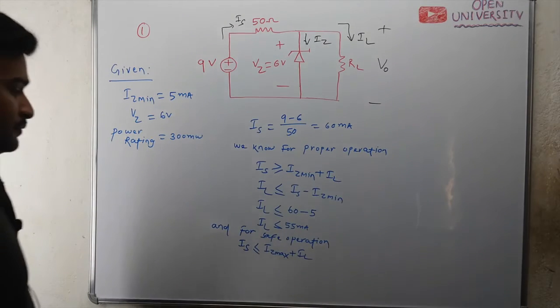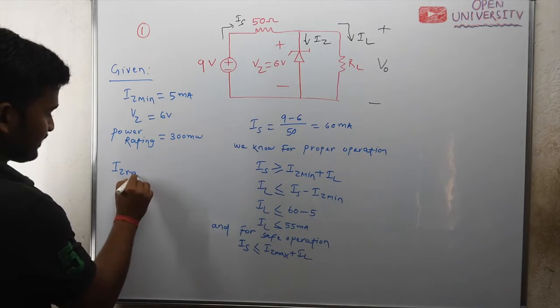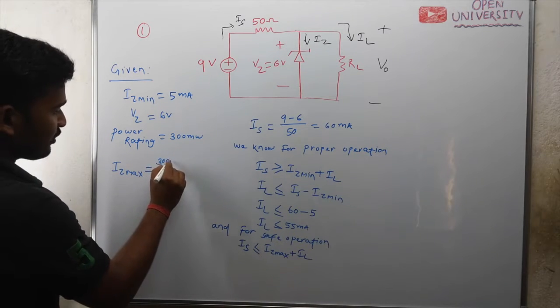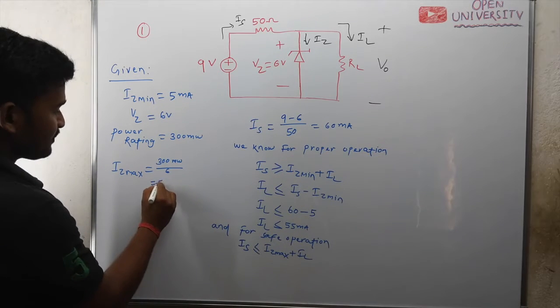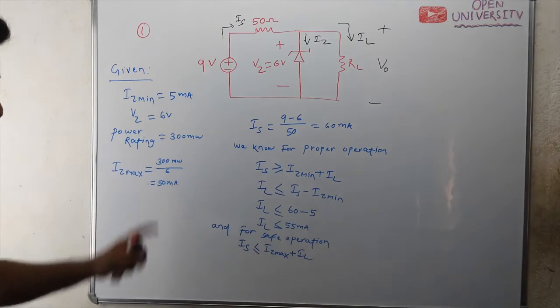How to get IZ max? IZ max equals the power rating, 300 milliwatt, divided by VZ, which is 6, that is 50 milliampere. IZ max value is 50 milliampere.